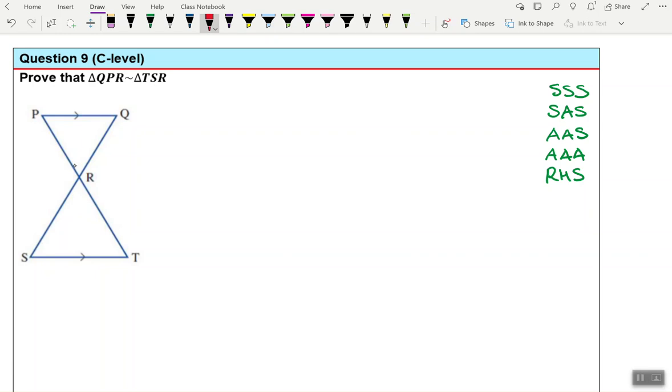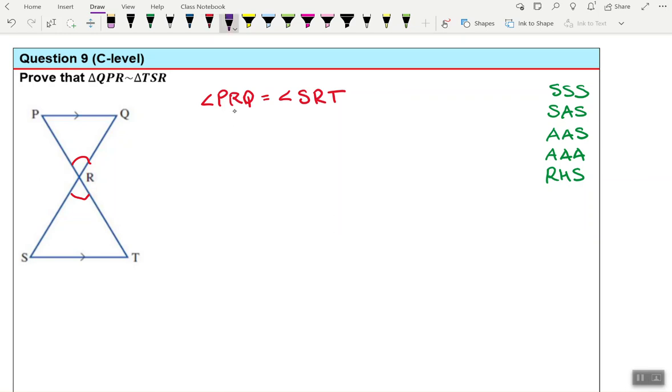So the first and easy one is that these two angles are the same. We call them vertically opposite. Now writing the angles, we've got to be careful, and here we will write angle PRQ is equal to angle SRT.